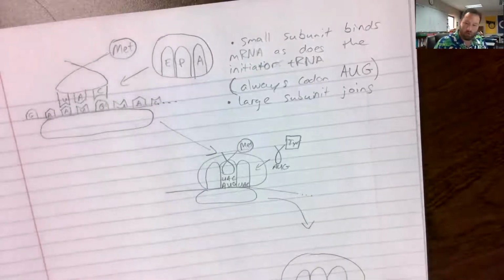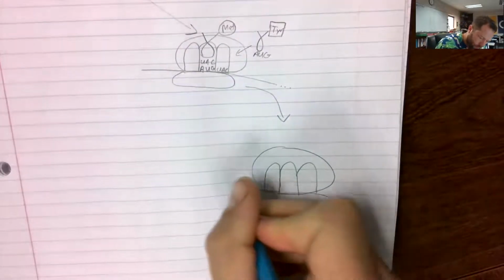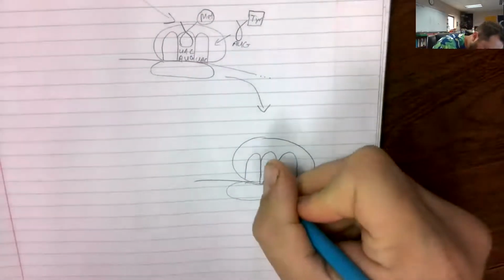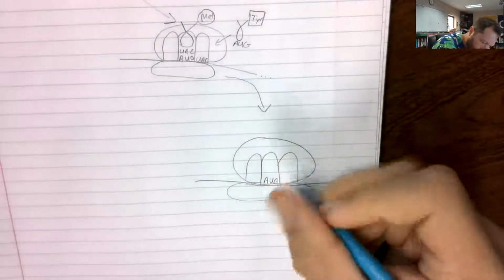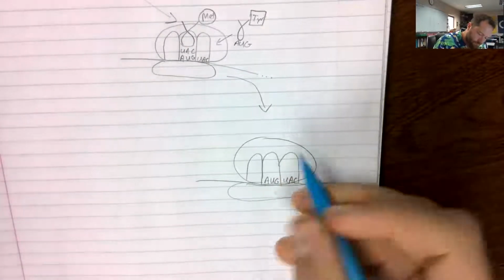There's a ribosome, our small subunit on bottom, our large subunit on top. We've now got two tRNA in there.